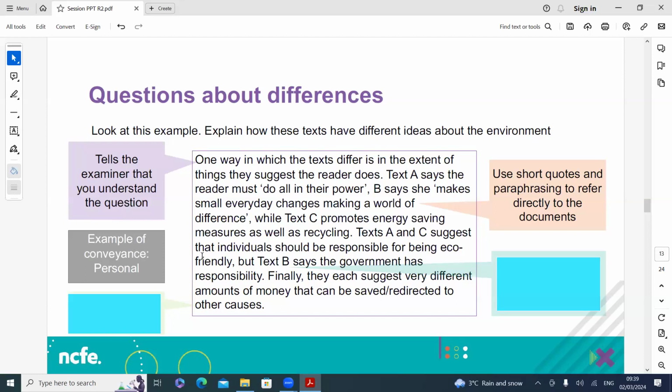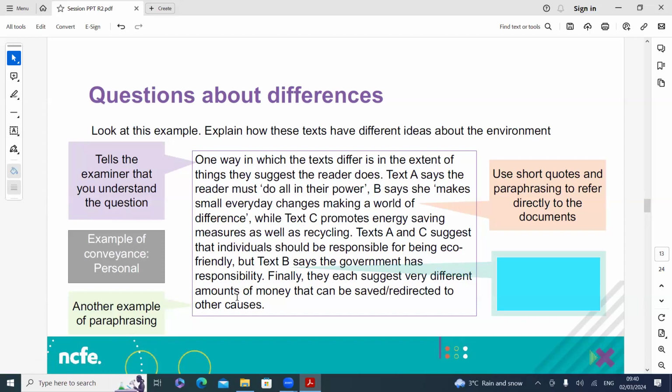So the conveyance, so there's personal, let me find the quote. Text B says she makes small everyday changes, making a world of difference. So it's personal language in text B. And we've got more paraphrasing at the bottom.